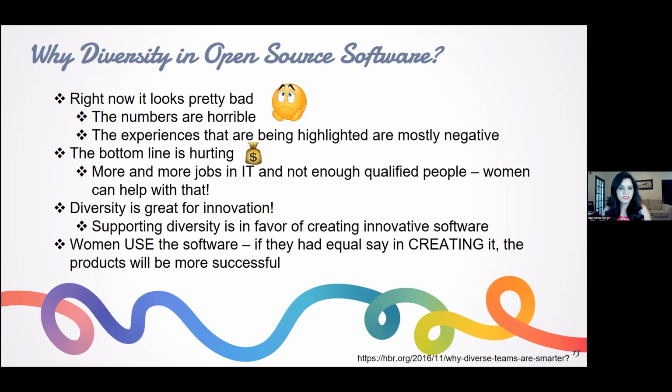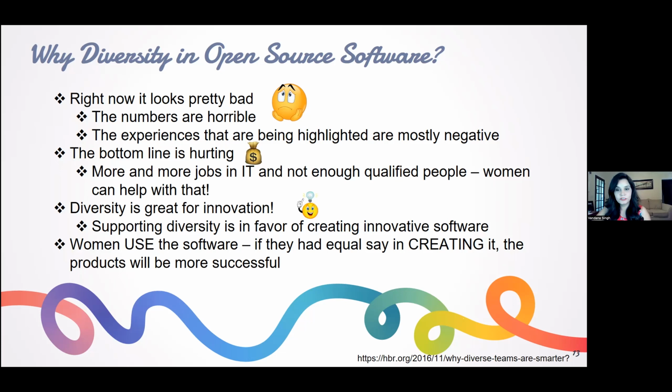It doesn't make sense economically that this large group is just not there. We need to improve that bottom line to make sure we have enough qualified people for all the IT jobs of the future.